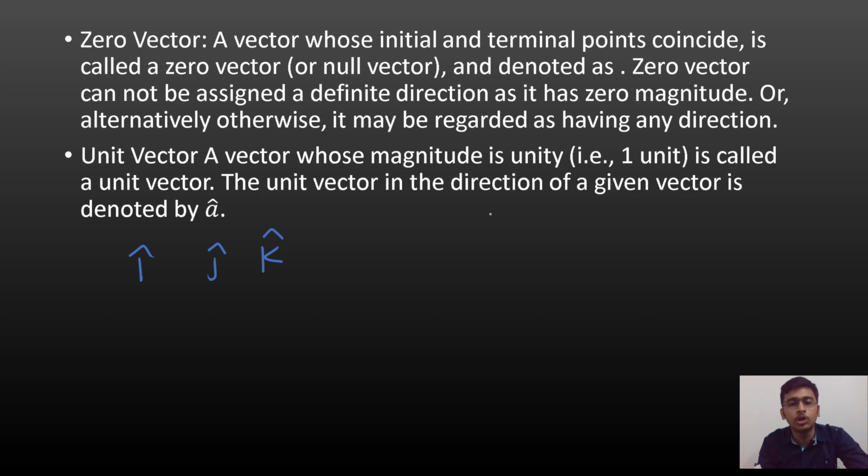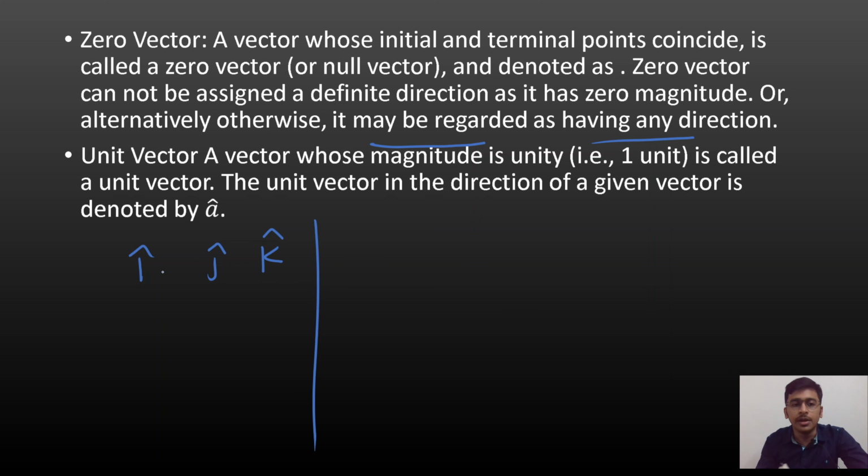Unit vectors are good for representing directions of a vector because their magnitude is 1. 1 can be any unit. It can be 1 centimeter i cap, 1 meter i cap, 1 kilometer i cap, whatever. But this is what unit vectors are. Its magnitude is 1.